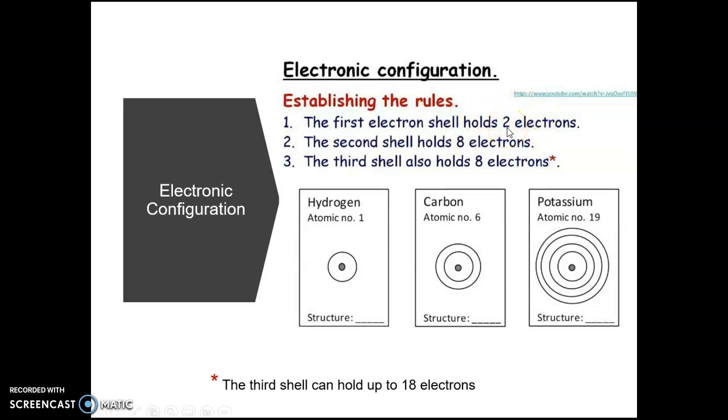And we will see more about this in the upcoming slides. As for the third shell, it holds up to 8 electrons. This is not actually what it can hold. It can hold more. It can hold up to 18 electrons. But for the time being, we will be able to put only 8 electrons in this shell.